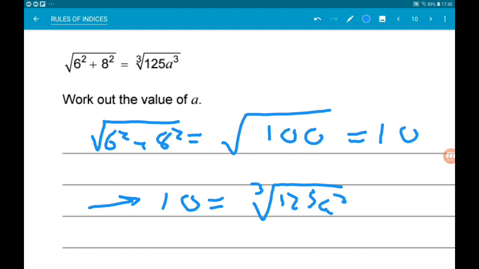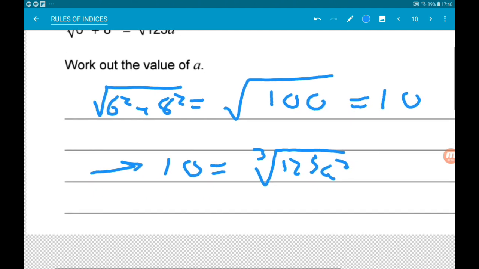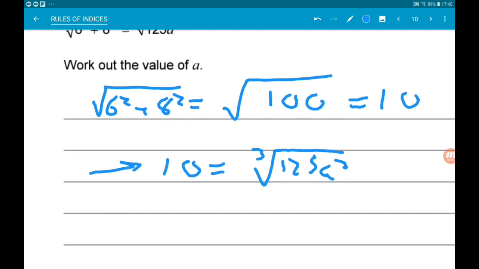Now, very nicely, 125 is a cube number, a cubed is a cube number, so we can cube root the right hand side, and we're going to get 10 is equal to, now the cube root of 125 is 5, and the cube root of a cubed is a.